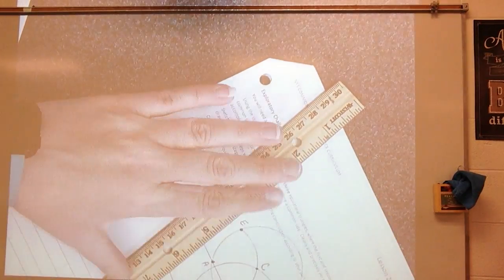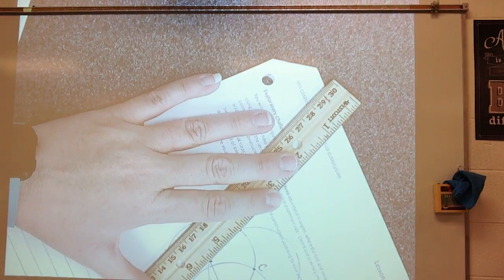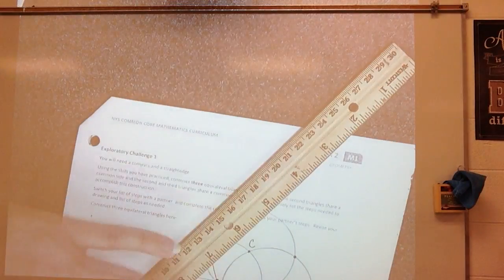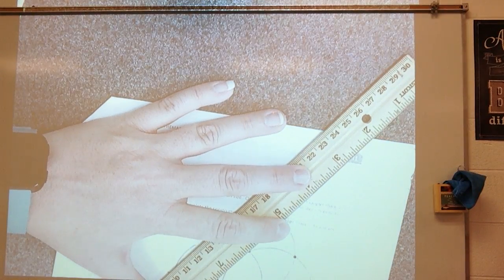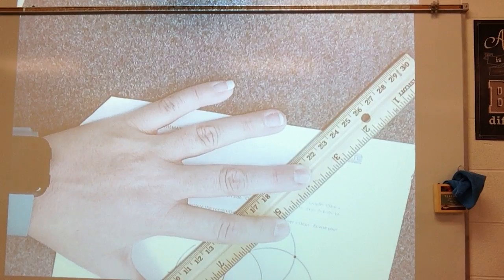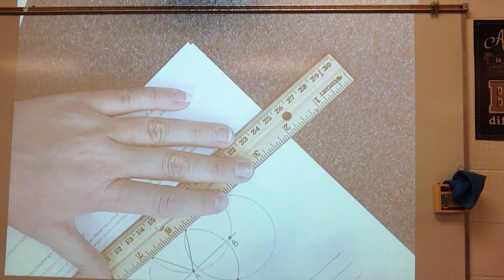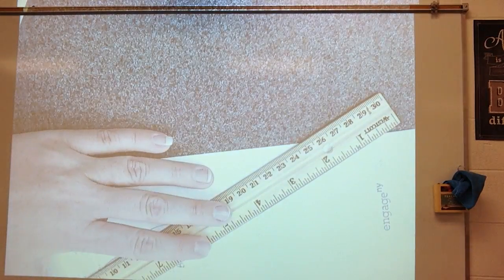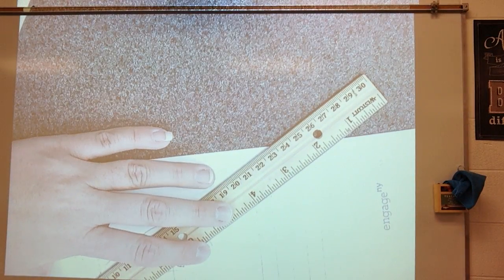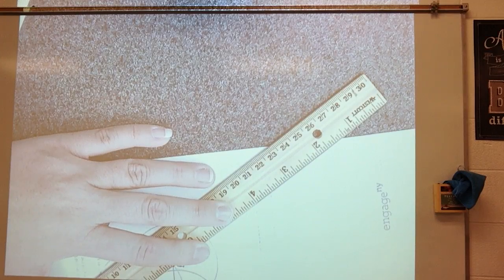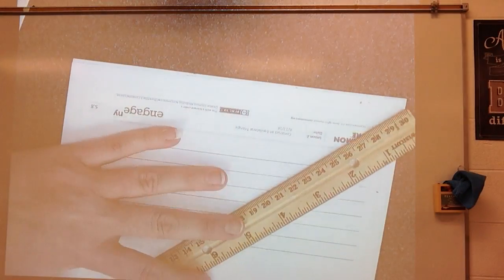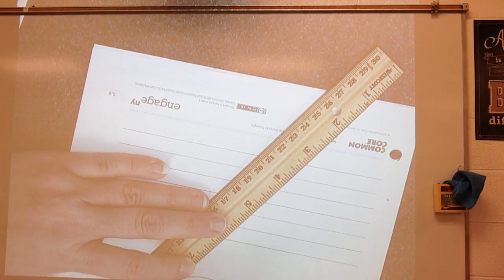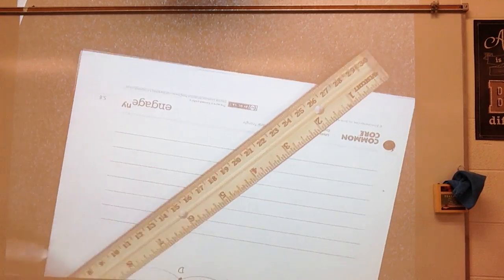And now I'm going to draw my segments. I'm going to connect my points, just connecting the points, like playing connect the dots like you did when you were little.